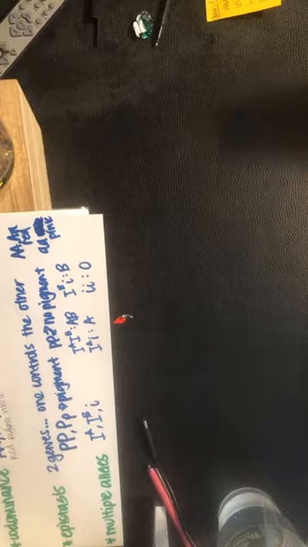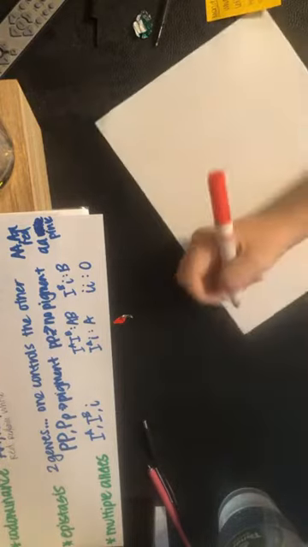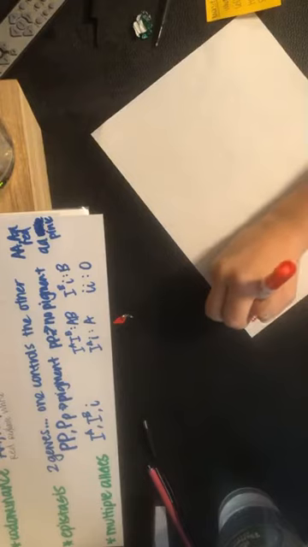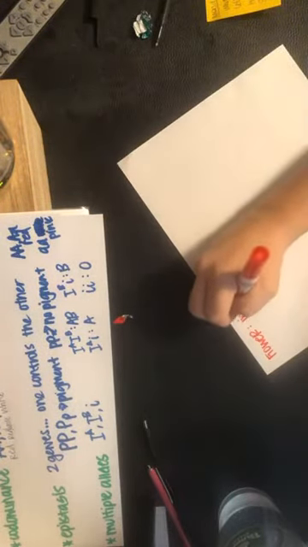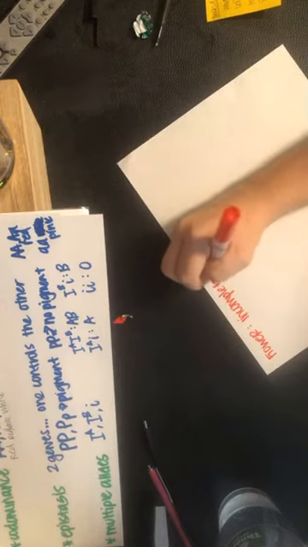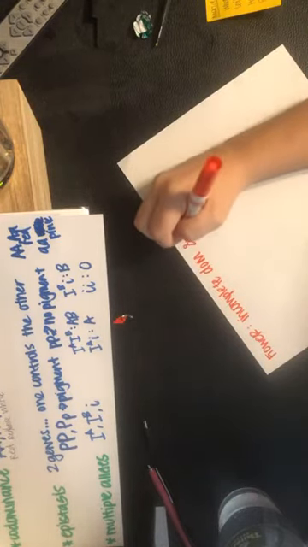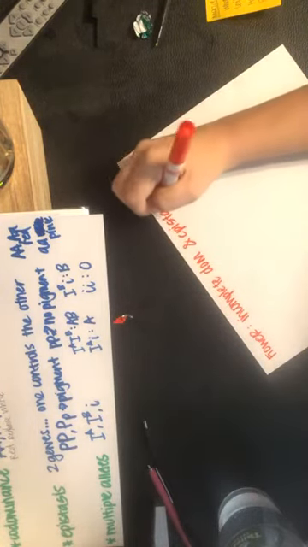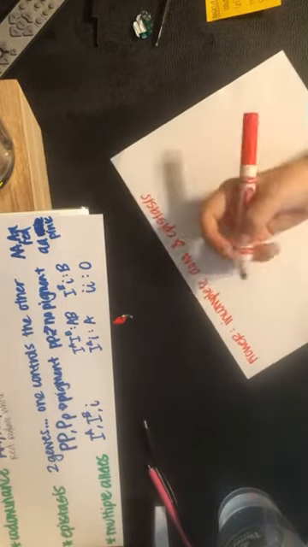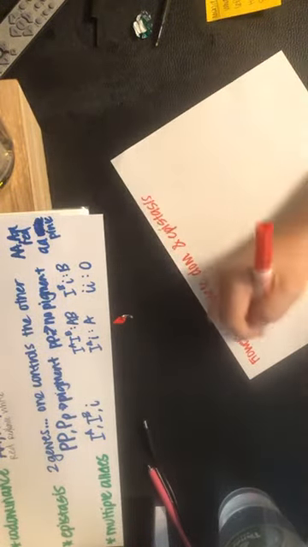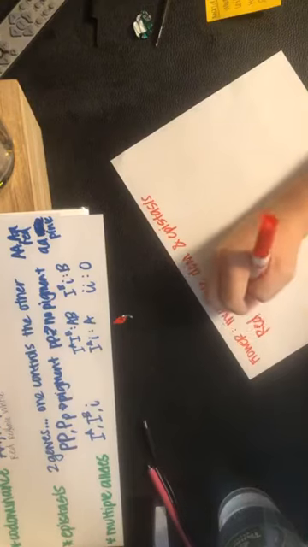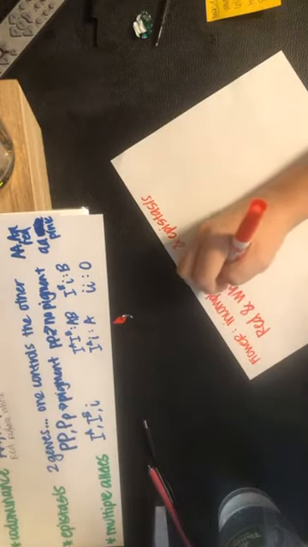So if we have, let's see, a flower that follows incomplete dominance and epistasis, the cross is going to be between a red flower and a white flower.